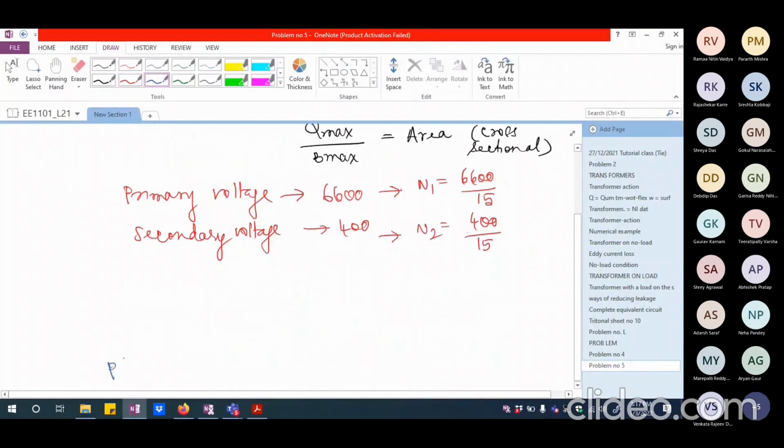So in problem number 6, you are given 230 volts, which is equal to 4.44 multiplied by frequency, phi max and N1. So you are already given F, you are given phi max. So you should be able to get what is N1 without any difficulty.